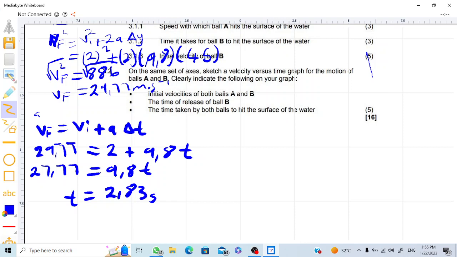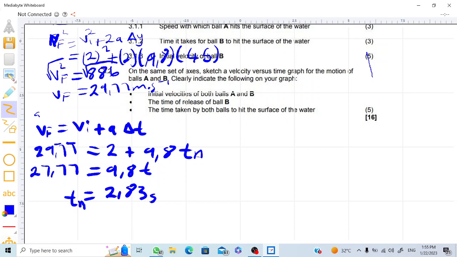Okay, now but guys, this is the time it takes for ball A to hit the surface, because we've used the final velocity of ball A and initial velocity of ball A. So this is the time for ball A.